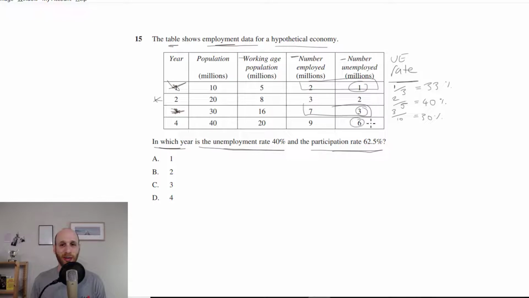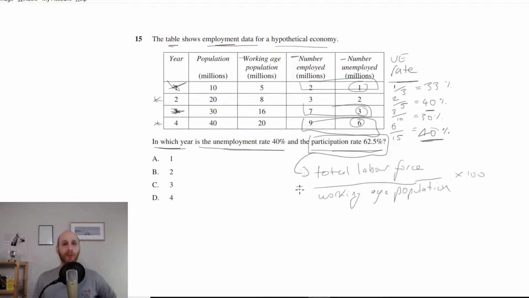So here I've got 6 over 15. So you can see here they have been a bit sneaky because they're giving us 2 to choose from. So what we have to do now is calculate the participation rate. So the participation rate equals the number of people working over the number of people that could work times 100. So all we need to do is work it out for both years.